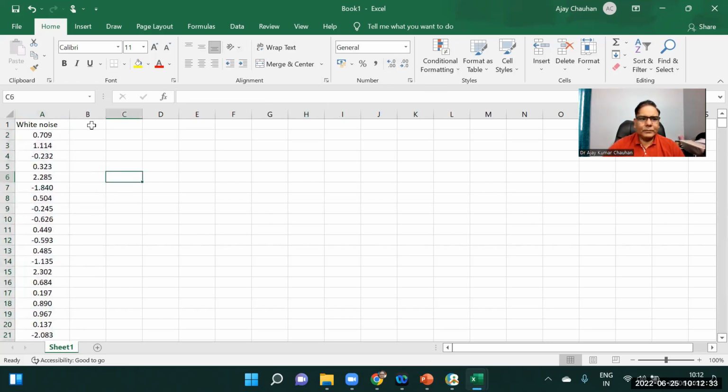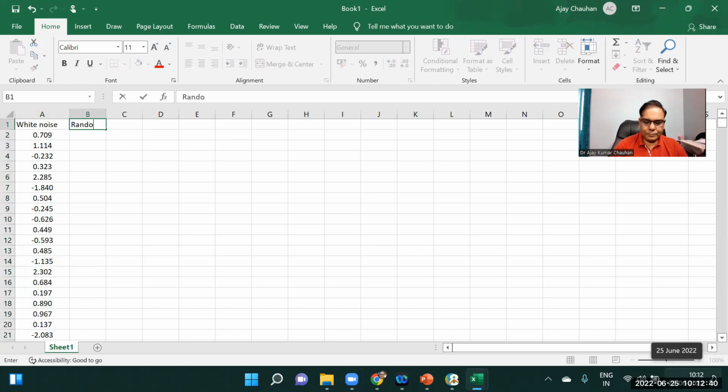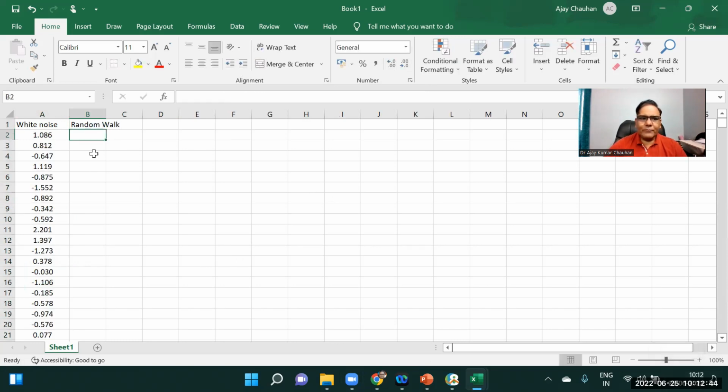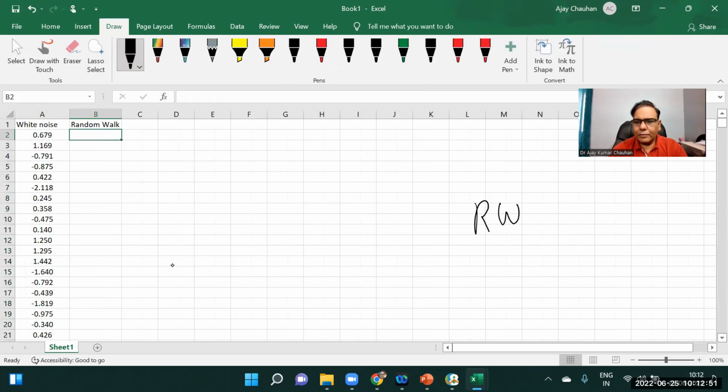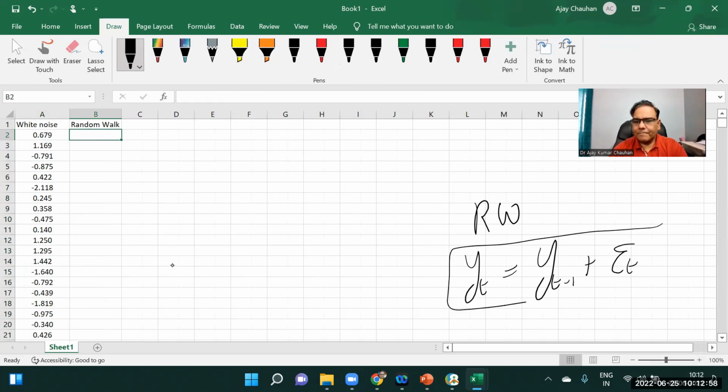Okay. Now I'm showing you the random walk. The equation of random walk, as you have seen earlier, is Yt equals Yt minus 1 plus et. So this is the equation of the random walk. Let's say any day's value is 1.